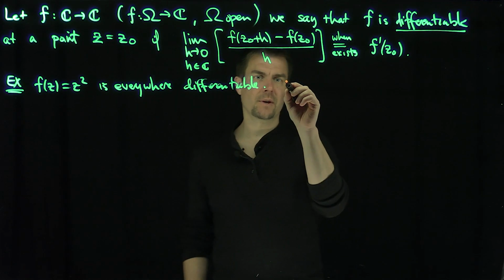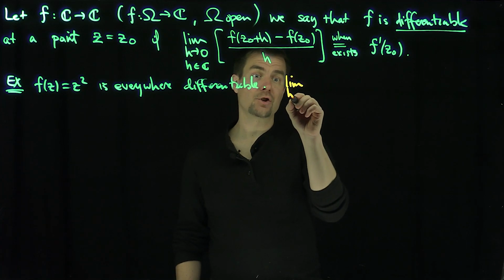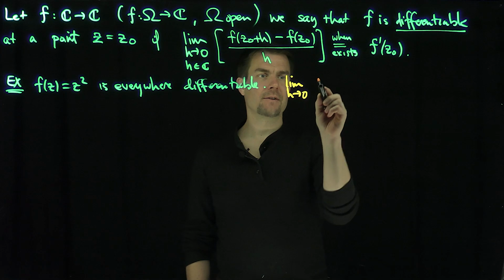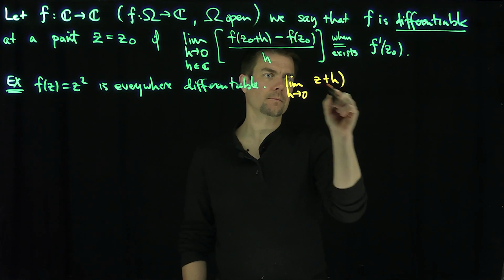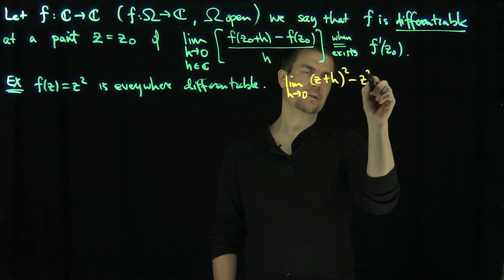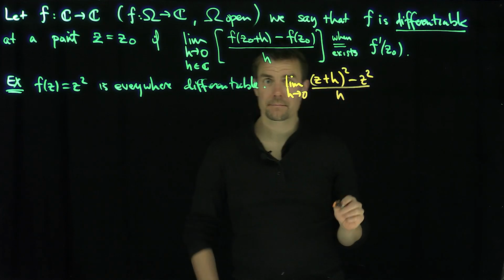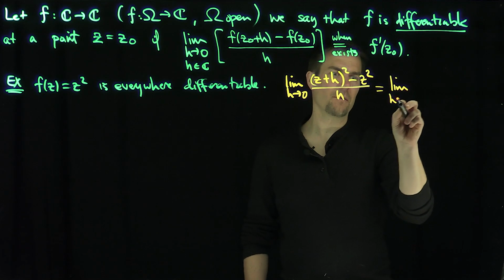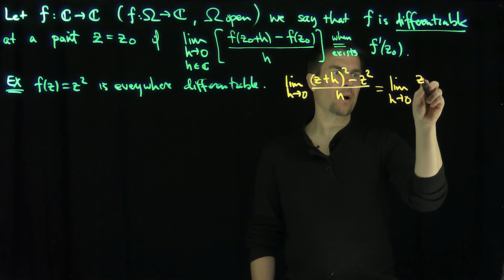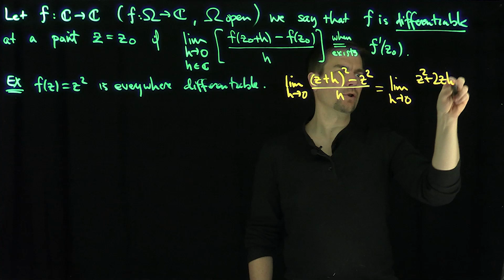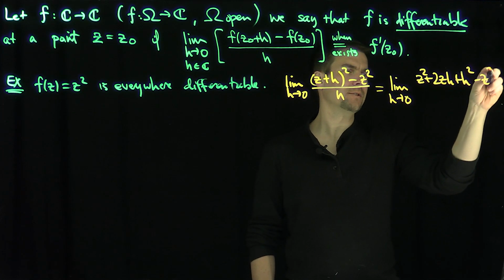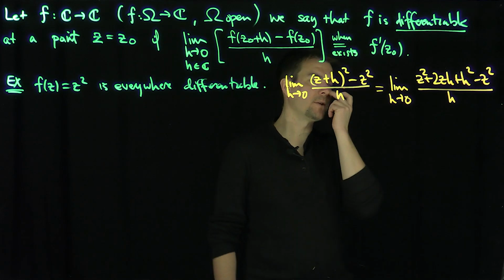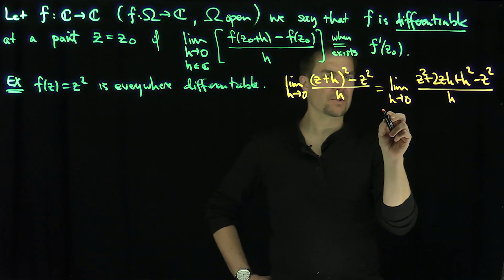As h goes to 0, complex, very important, I have z plus h squared minus z squared over h. Again h is complex. That's z squared plus 2zh plus h squared minus z squared over h. One of the h just cancels out, as long as h is not 0.